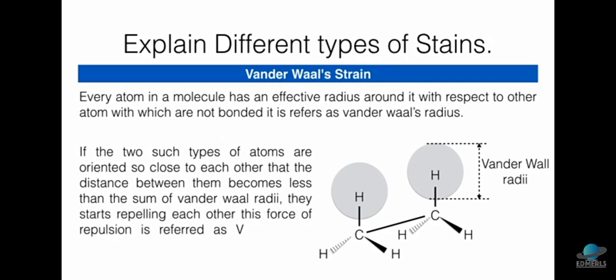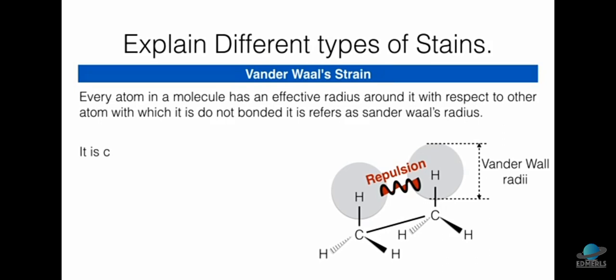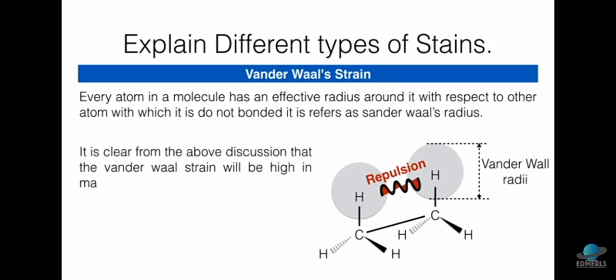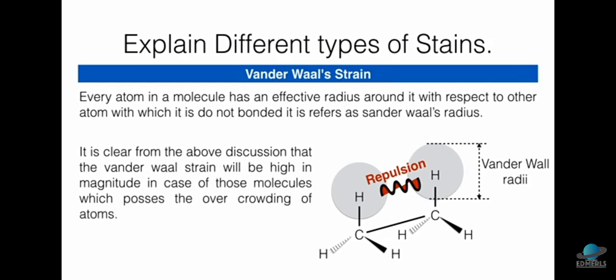This force of repulsion is referred to as van der Waals strain. It is clear from the above discussion that the van der Waals strain will be high in magnitude in the case of those molecules which possess overcrowding of atoms.